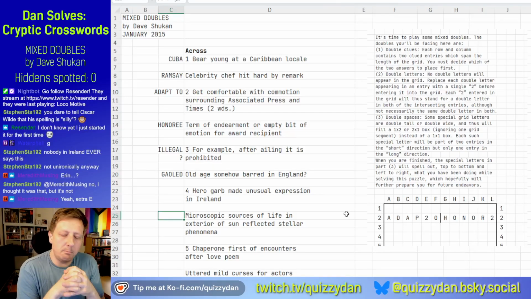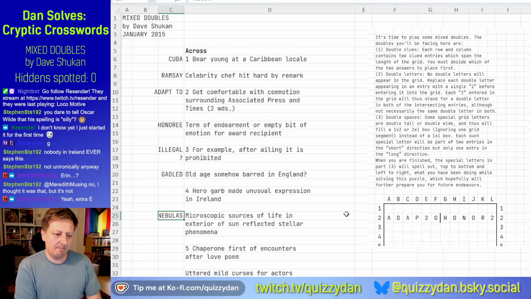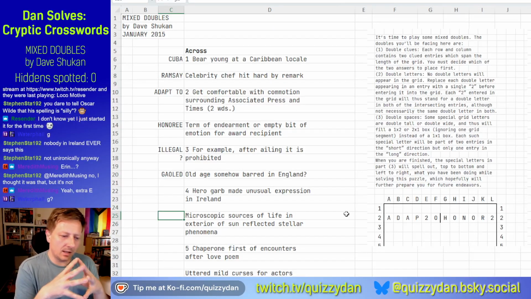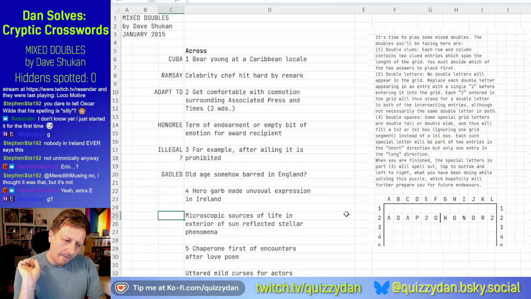Nebulas. What about nebulas? No, they're not stellar phenomena. Those are clouds of gas. Exterior of sun reflected. That's N and S. Now, the microscopic sources of life could also go backwards. I think I'll come back to this one.